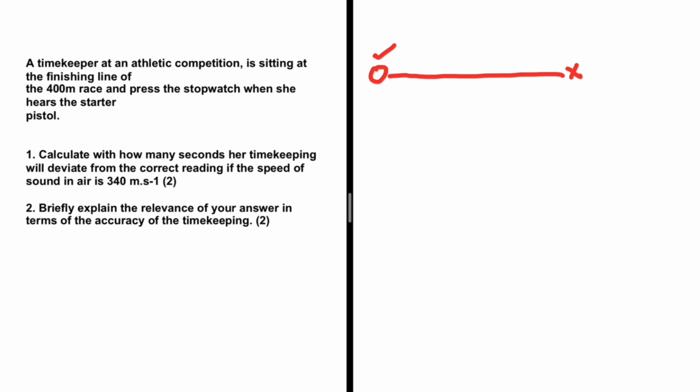So let's go ahead and calculate that. We have the distance, 400 meters. We have the speed of sound in air, 340 meters per second. We are interested in the time. We know that the distance is equal to the speed multiplied by the time. If we want to find the time, we can just use this equation.